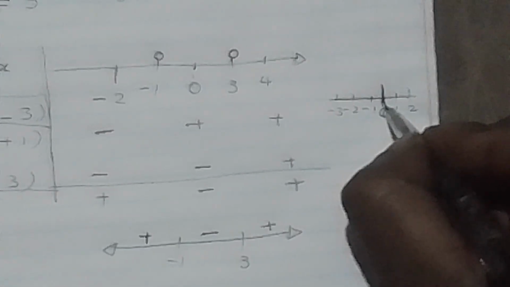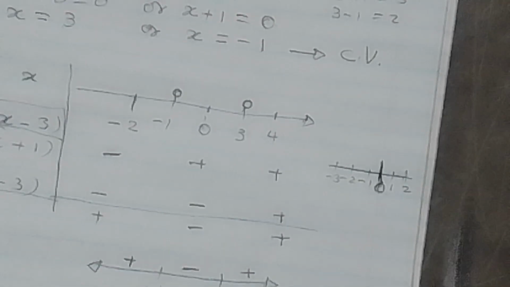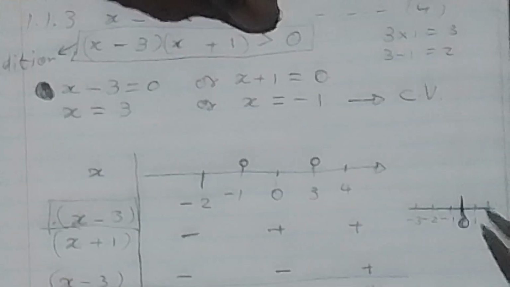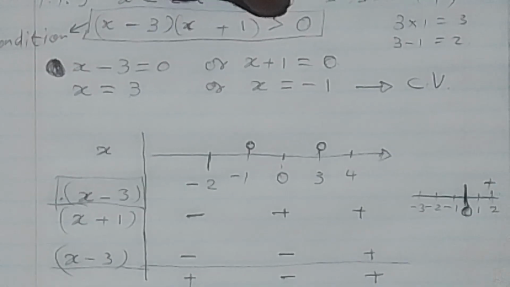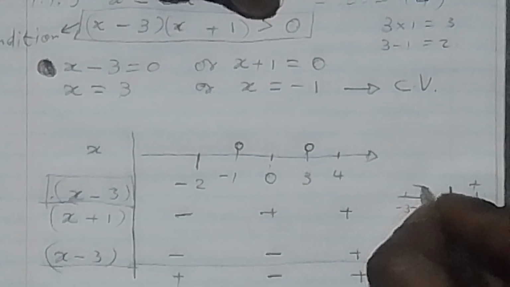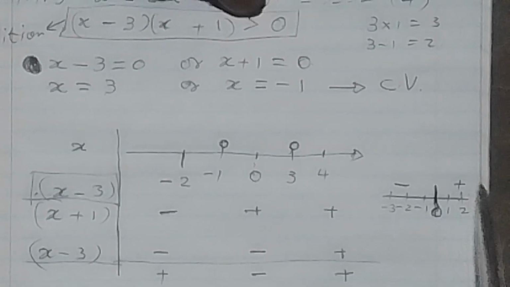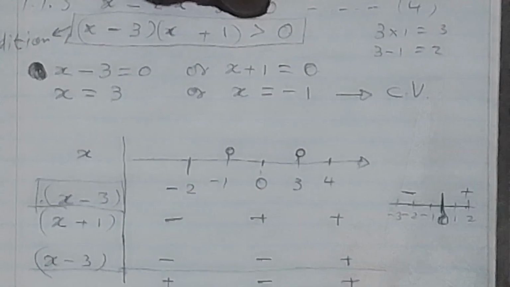All these numbers on the left hand side from 0, they are less than. All the numbers after the 0, the positive ones, they are greater than. So if it is greater than, it means we must grab the positive. If it is less than, it's negative. So we grab the positive one because it's greater than 0. Here you are looking for a positive sign.